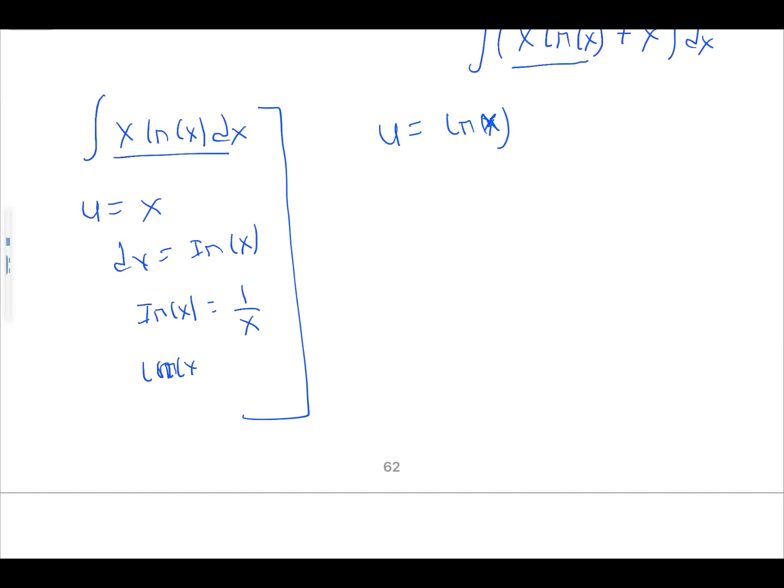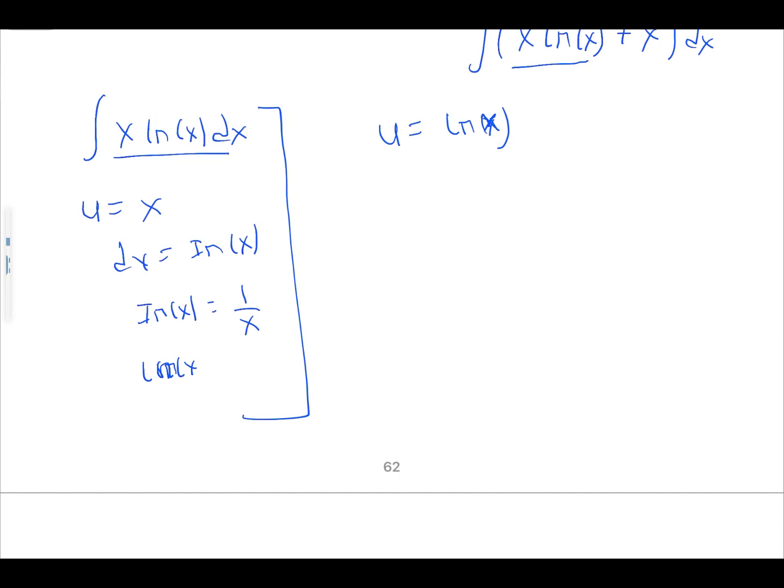So that emphasizes the point that you should always choose u for a function that can be easily differentiated, and dv for a function that can be easily integrated.